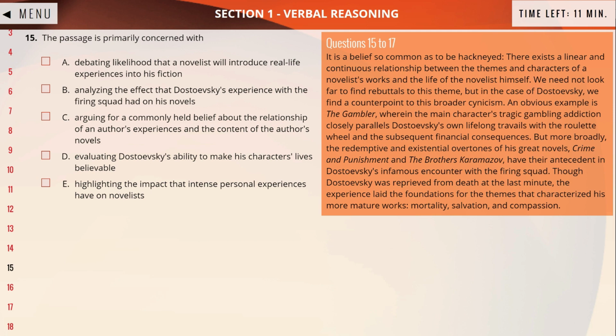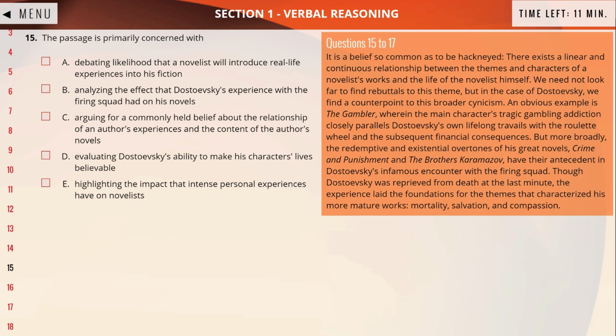So maybe this is an example where there is no link, because it's a counterpoint to the broader cynicism of a linear relationship. An obvious example is The Gambler, wherein the main character's tragic gambling addiction closely parallels Dostoevsky's own lifelong travails with the roulette wheel and the subsequent financial consequences.